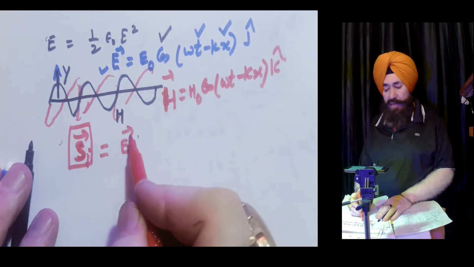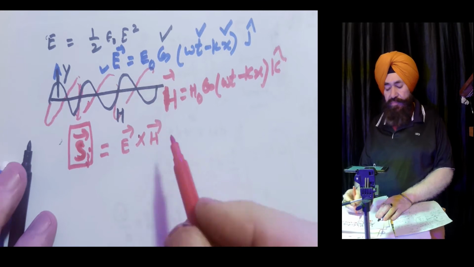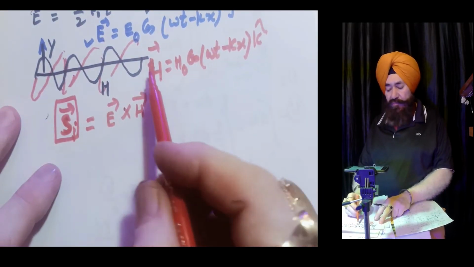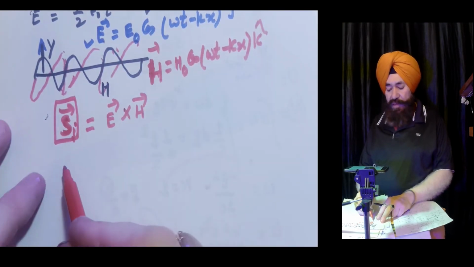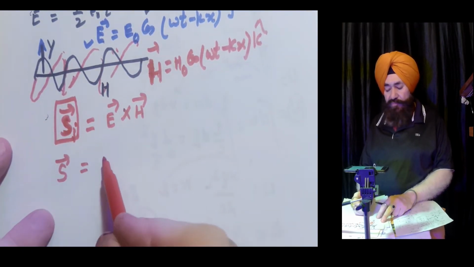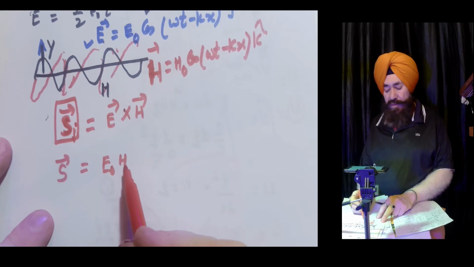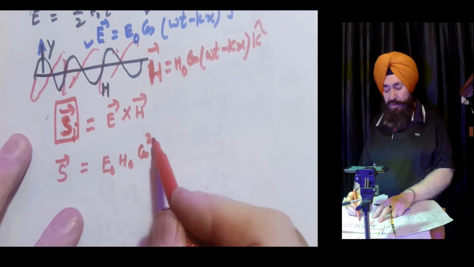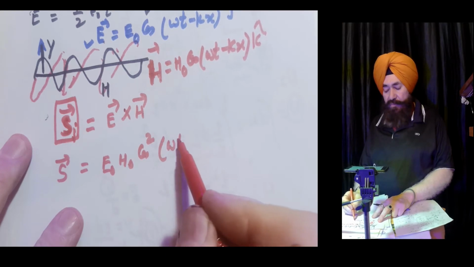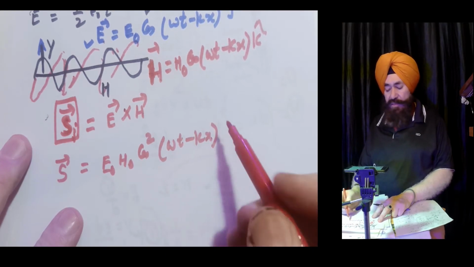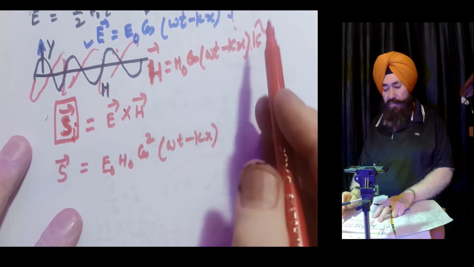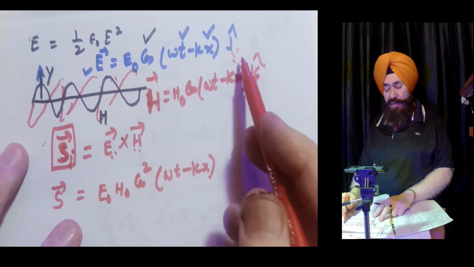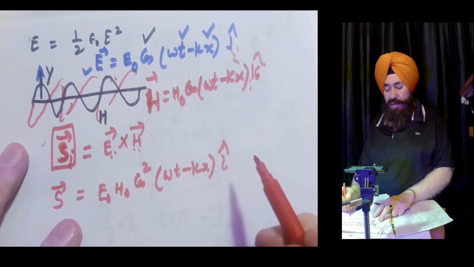It is E cross H. Taking the cross product of the two, the S vector becomes E naught H naught cos square omega t minus kx. Now j cap cross k cap, E cross H means j cap cross k cap, that becomes i cap.